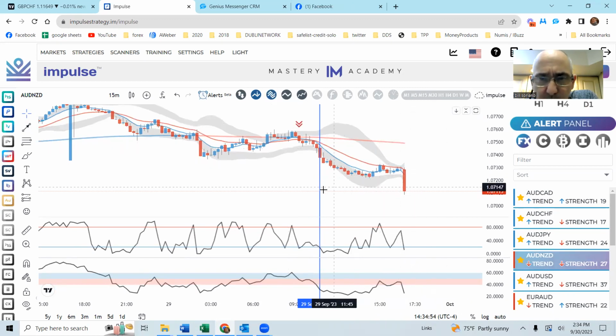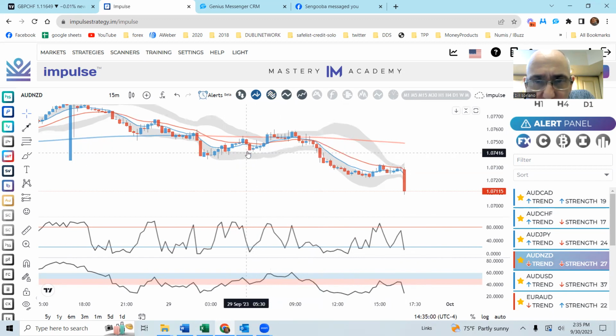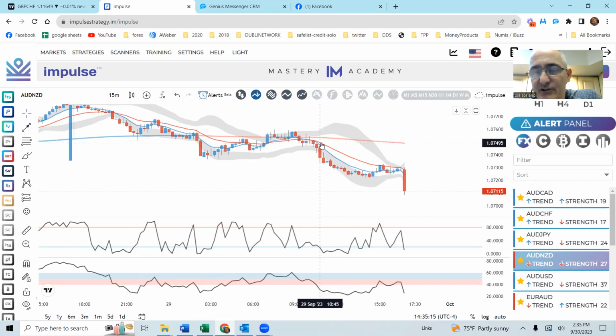And what we want to do is see where we have an opportunity to take this trade. Okay, so right here, our primary trend line is red, meaning it's bearish. And now right here, we see that the red line is above the blue line. So that's a bearish indication on our secondary trend, right?